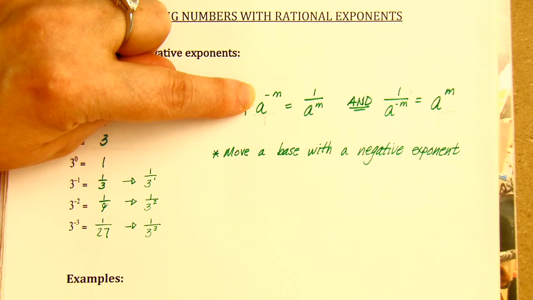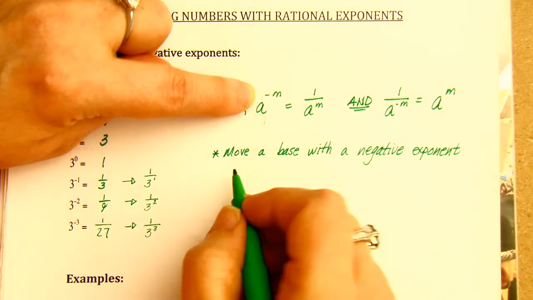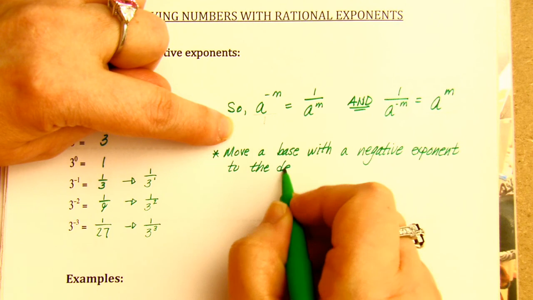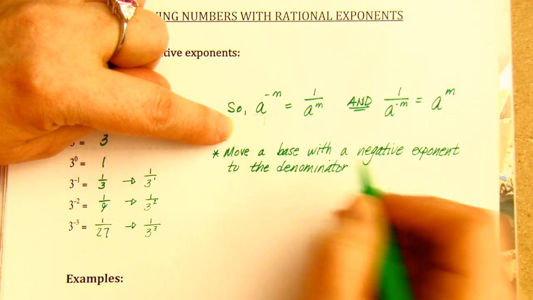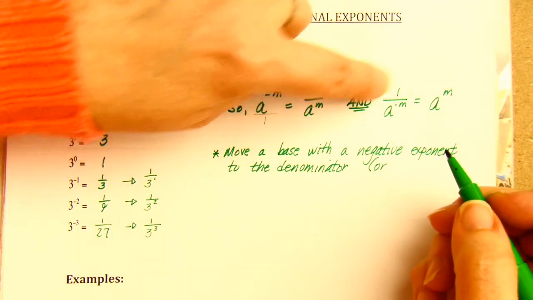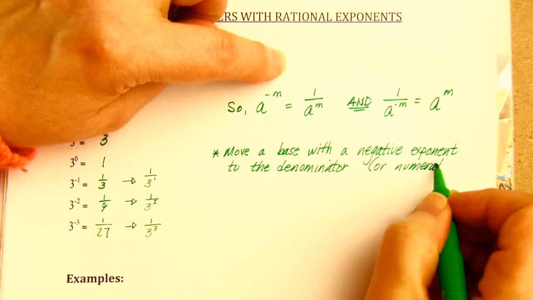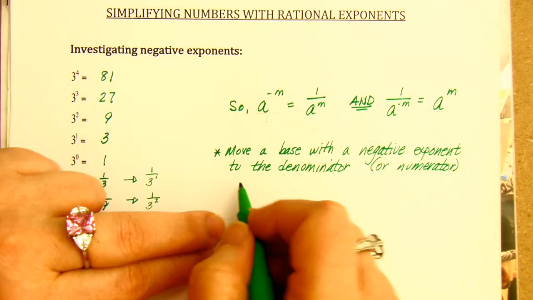My base is a, the exponent is negative m. So move a base with a negative exponent to the denominator, or numerator, okay, like this case, we moved it up to the numerator, to make the exponent positive.